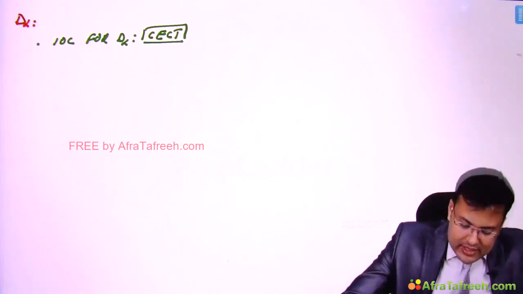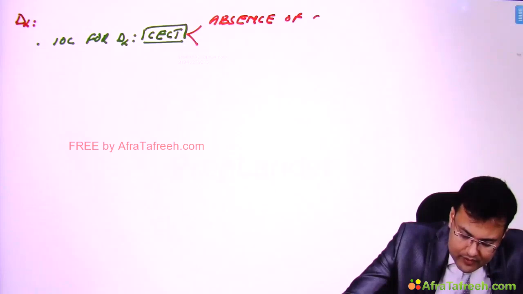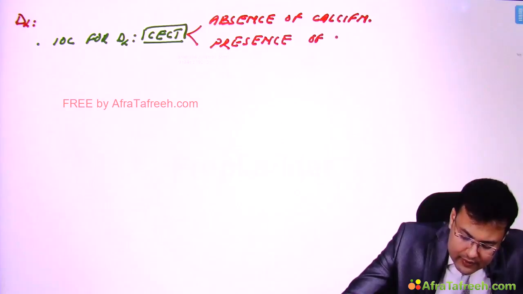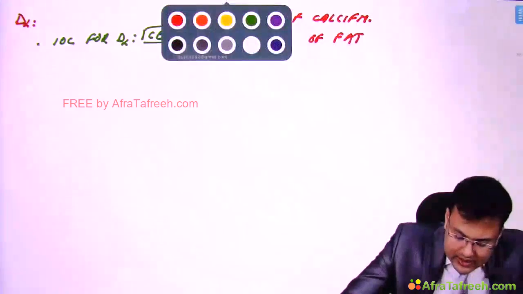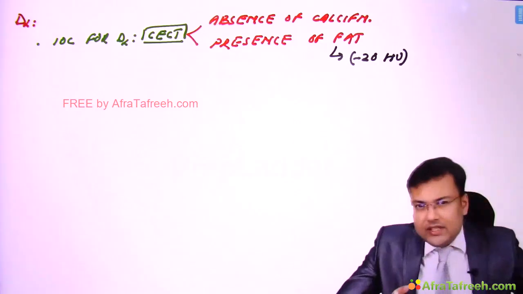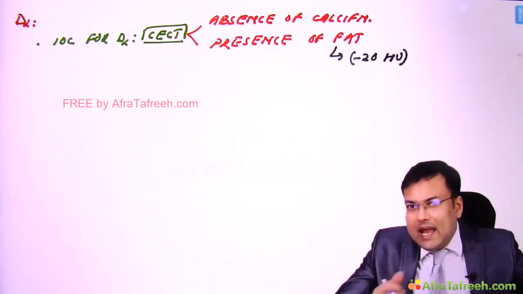Okay, so on CT there is absence of calcification, clear, and there is presence of fat, okay. On CT, fat is having -20 Hounsfield units. So if you do CT, generally fat will be having relatively black appearance.